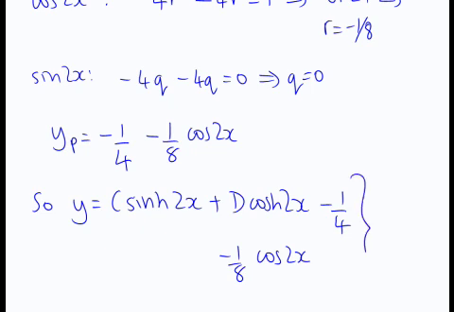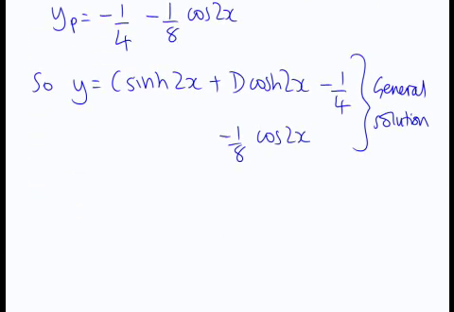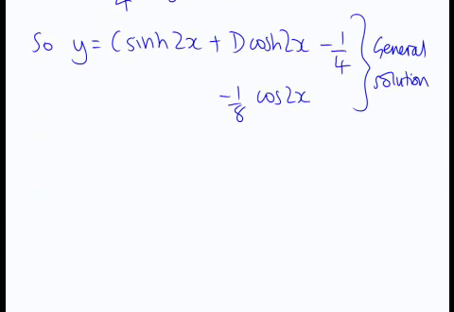And that is what's called the general solution, because the constants that have come from integration have not been determined yet. But what I can now do is find them by applying the initial conditions.